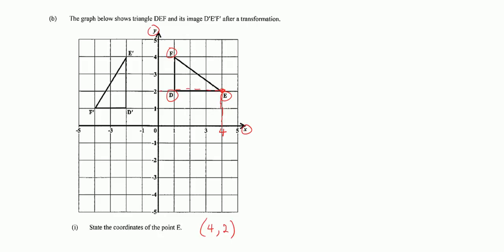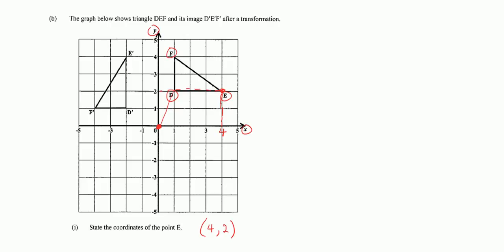Now the thing with a rotation, we need to know rotation about which point, and we also need to know the angle of rotation. So just by looking at it, if I choose the origin as my center of rotation, let's look at the point D. If I do draw a line from the point D to the origin, and I rotate the point D, right?